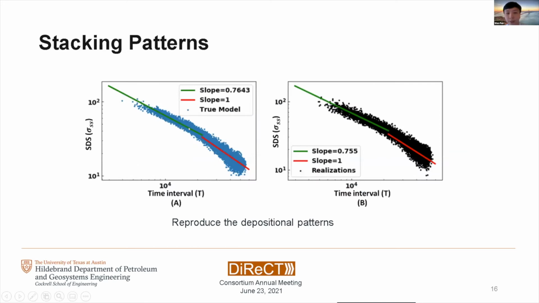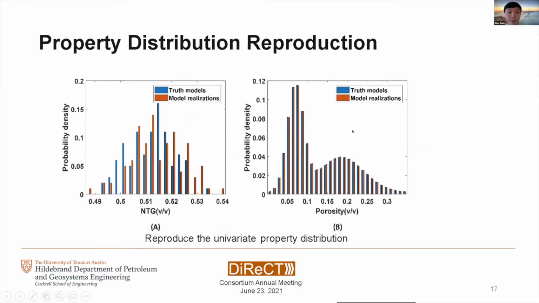Also, we checked the stacking patterns of our bed units. As we can see, the depositional patterns calculated with the matrix are also well reproduced. Also, this matrix is consistent with the experimental study from previous research.